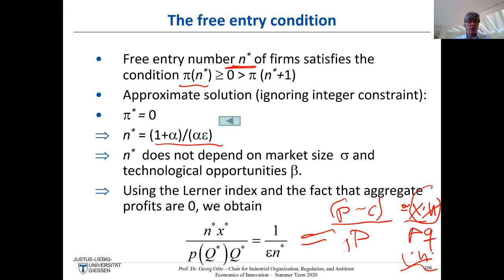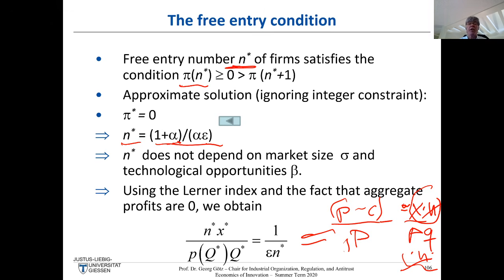And finally, n depends on the demand elasticity, because that determines somehow the margins they can make, and on alpha, in a sense the R&D productivity. If alpha is large, we will get a small number of firms.